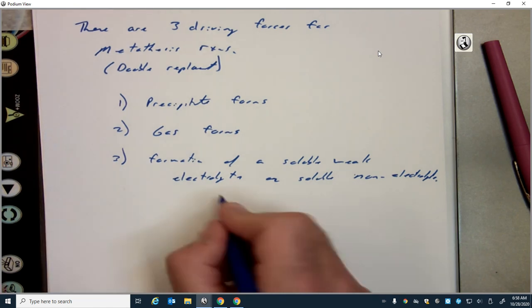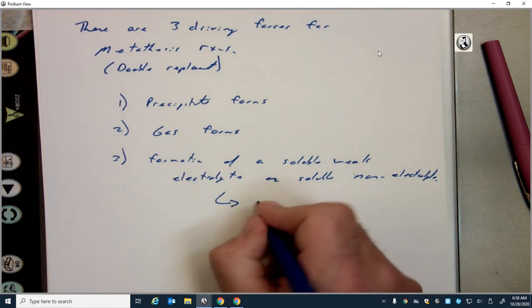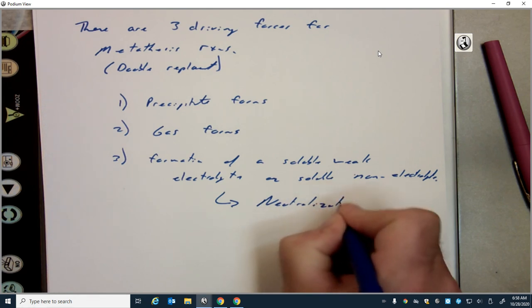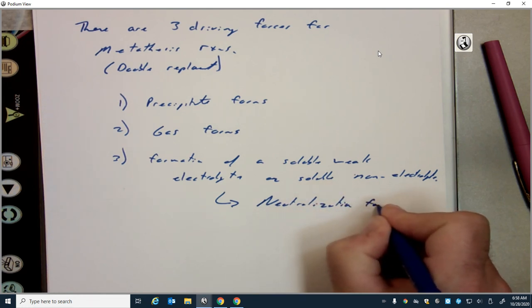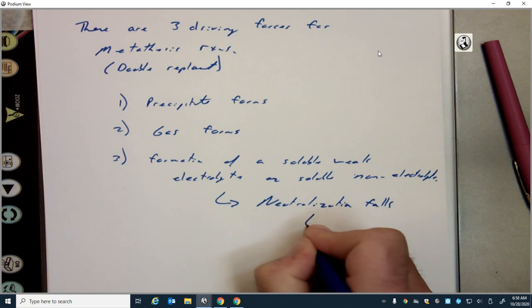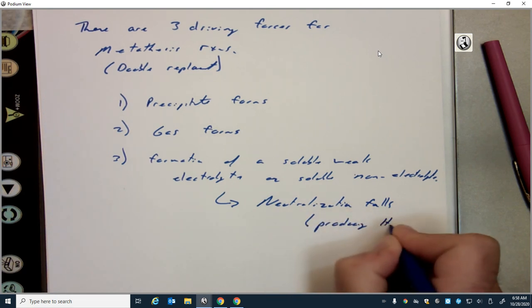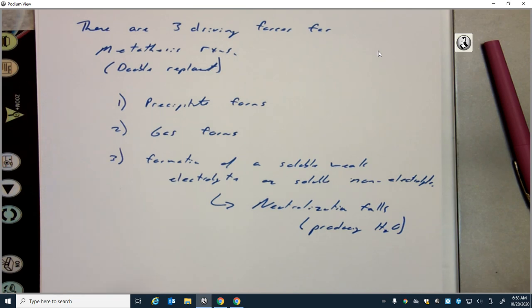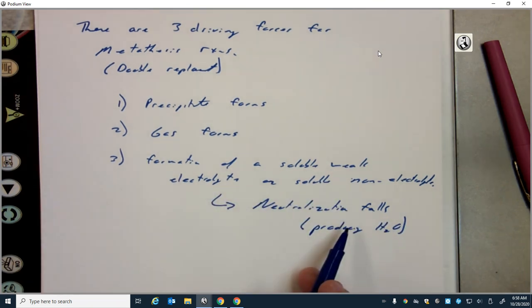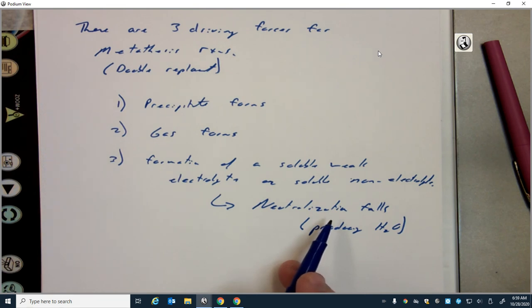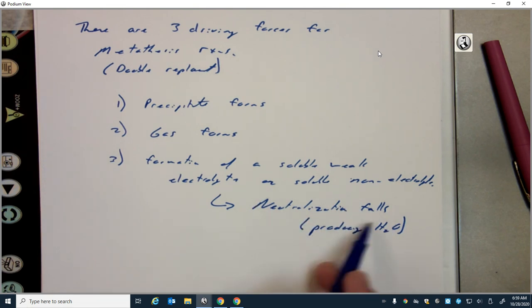And this is the one where neutralization falls, because we're producing H2O. So that's why our neutralization happens, because we're producing this non-electrolyte of water.